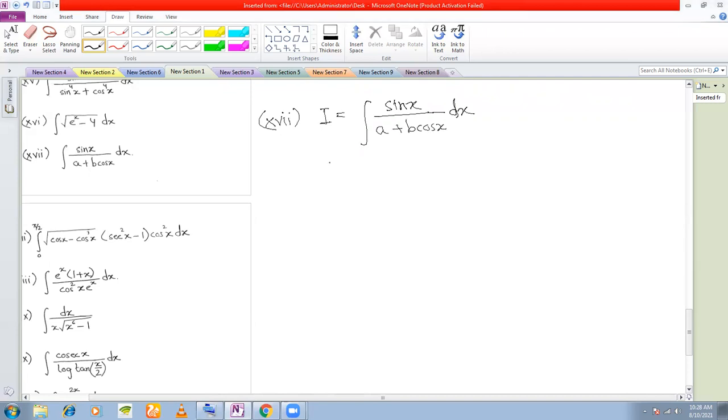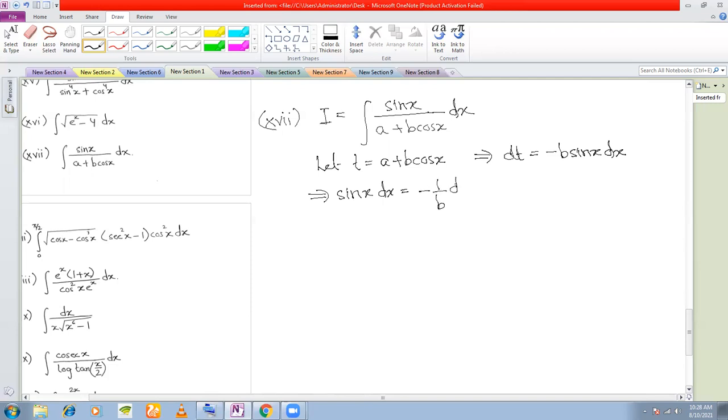How to evaluate this? Now you know that the derivative of cos x is minus sine. Therefore, you take t is equal to a plus b cos x. That means you get dt is equal to minus b sine x dx. That means sin x dx we get as minus 1 by b dt.